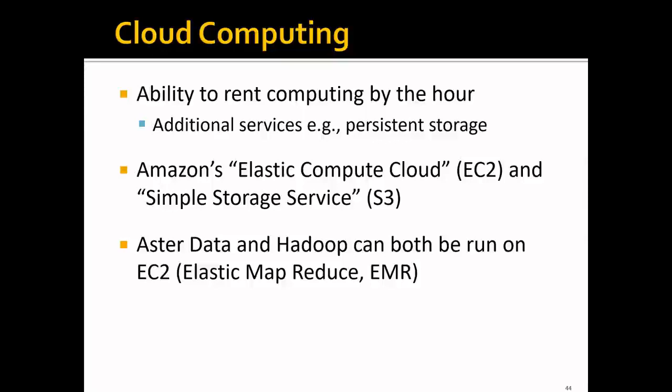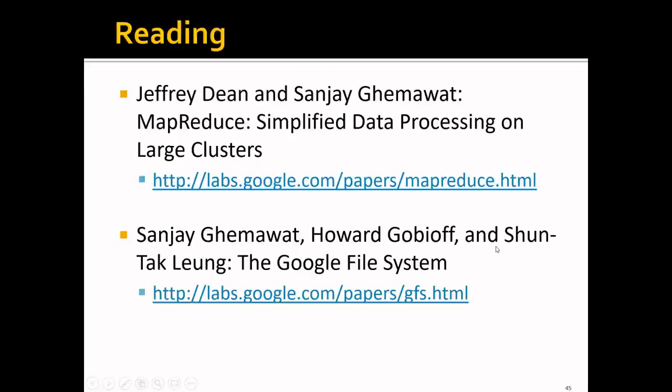And Amazon, of course, also supports persistent storage that is implemented using what they call Simple Storage Service, which is S3. And note that both Aster and Hadoop can be run on EC2. And Amazon even implements a MapReduce version on EC2. That's called Elastic MapReduce, or EMR.